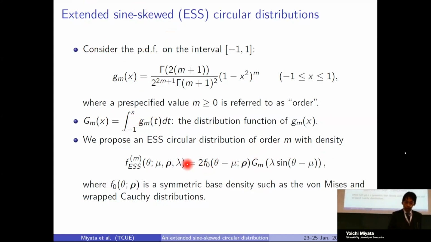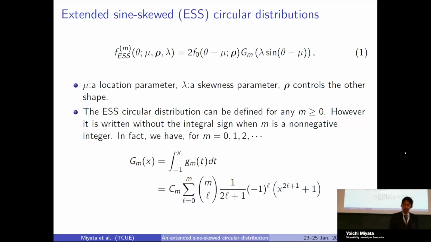f0 is a symmetric base density, such as the von Mises and the Laplace distributions. Mu is a location parameter, lambda is a skewness parameter, and the vector rho controls the other shape.